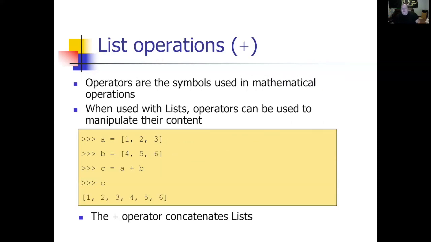So, list operations. We can use things like plus. Remember strings? If I have 2 strings, Gary and McFall, and I say string Gary plus string McFall, I would get GaryMcFall smushed together, right? So we can do that with lists as well. If I have a list named a that's 1, 2, and 3, I have a list called b which is 4, 5, and 6, and I say c equals a plus b, what you intuitively would assume is that the a list and the b list added together becomes a new list, which is 1, 2, 3, 4, 5, 6.